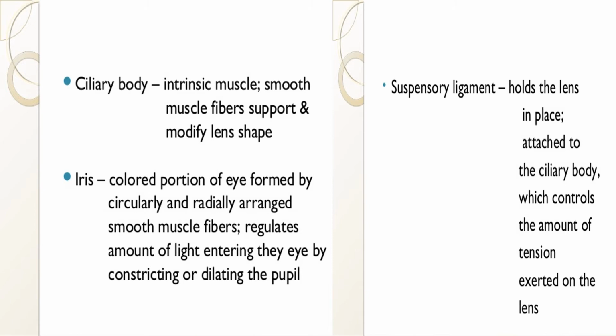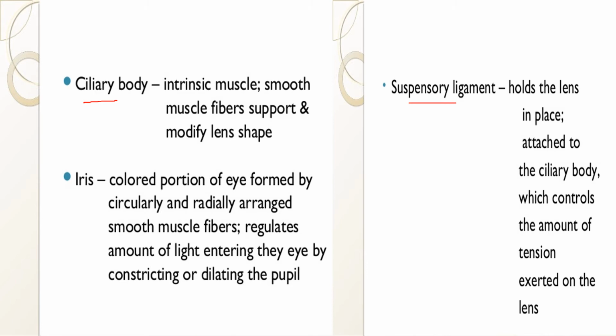That thickened part is called the ciliary body, and it consists of the ciliary processes as well as the ciliary muscles. It also has extending suspensory ligaments that help in attachment of the lens. The ciliary muscle is a circular band of smooth muscles, and the ciliary body gives accommodation to the eye.